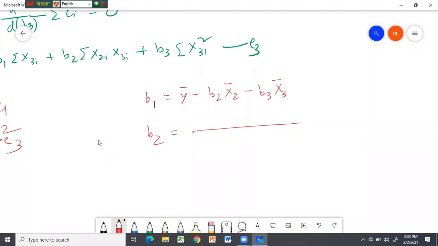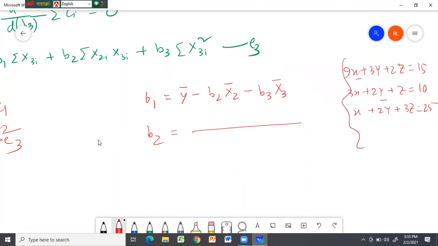When we are given 3 equations, suppose they are given like this: 9x plus 3y plus 2z is equal to 15. Another one is 3x plus 2y plus z is equal to 10. And x plus 2y plus 3z is equal to 25. From these 3 equations, we can estimate the value of x, y, and z.